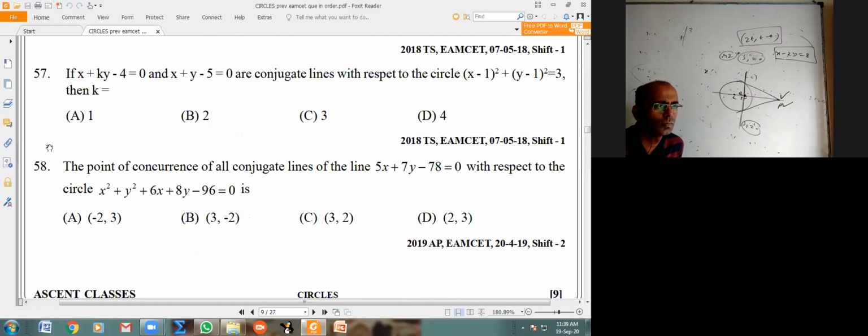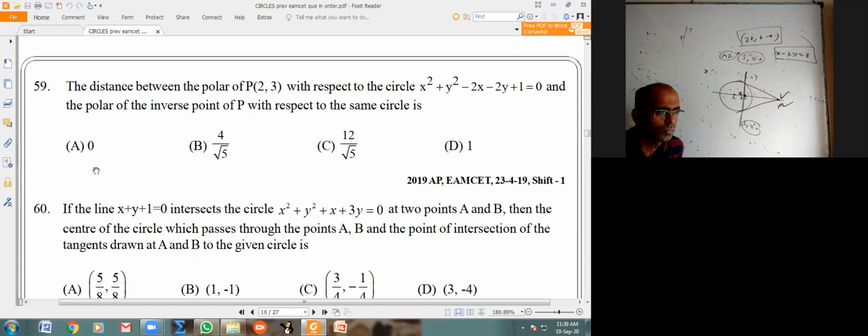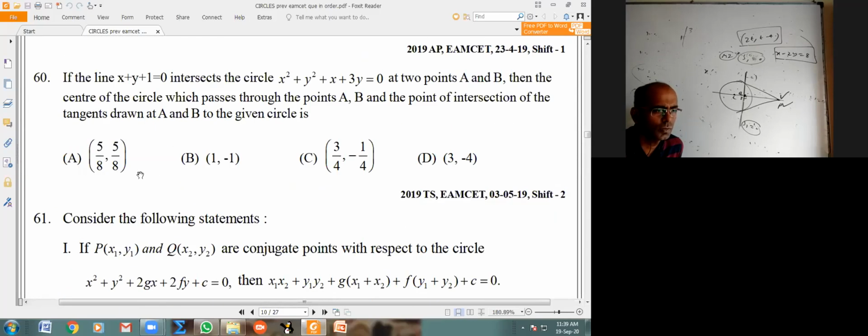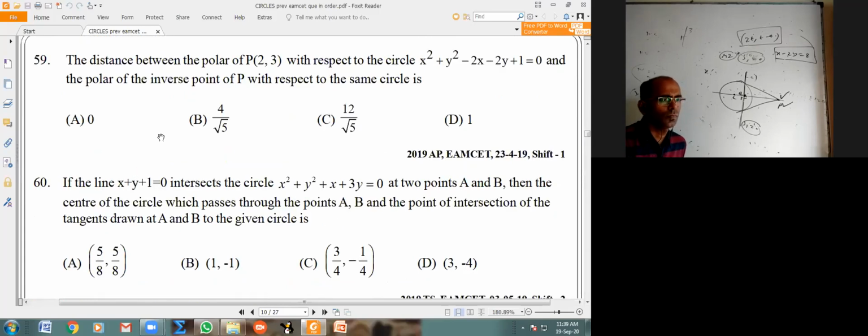Any doubt? 58. In 58 indirectly they're asking the pole. Kalyan Kaushik, what do you want? You are raising your hand. 59. Okay. Sorry, my network is weak. Okay, fine. Up to 60. Any other doubt?